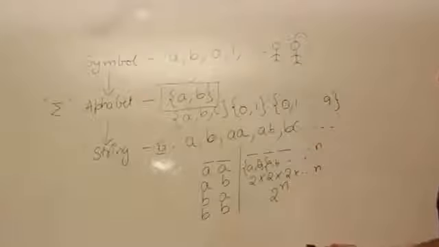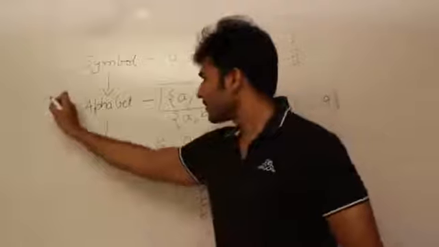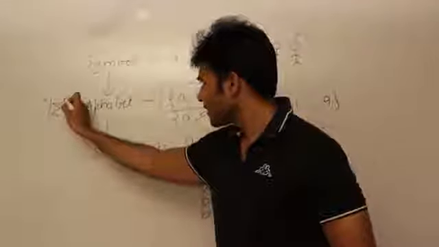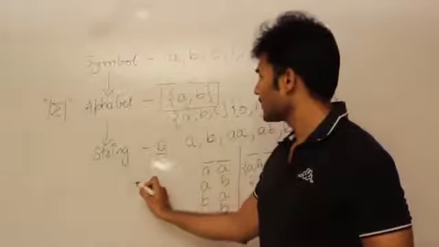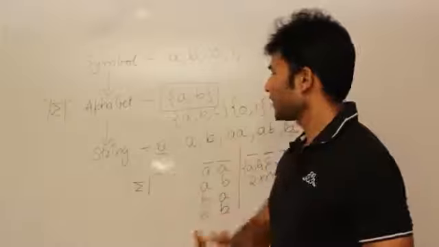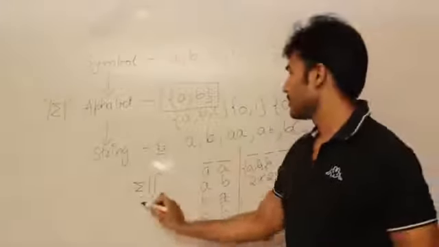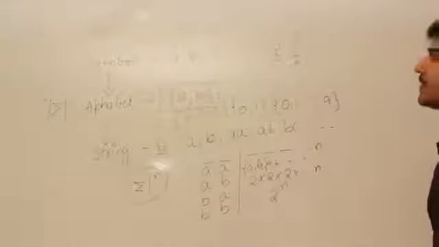So in general, if you have n symbols, or let us say the number of symbols in this sigma is represented by mod sigma, then the number of strings of length n possible over sigma is mod sigma power n.